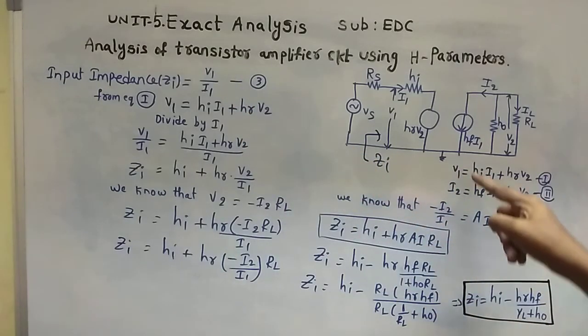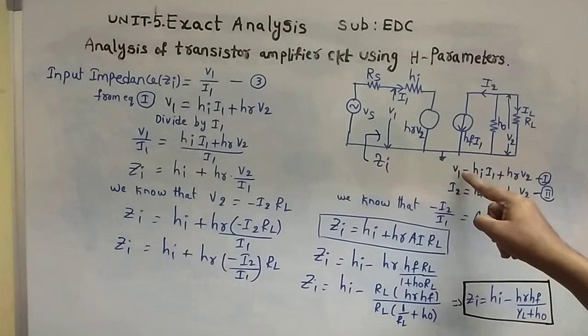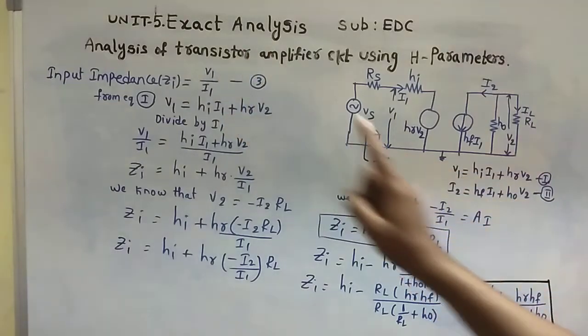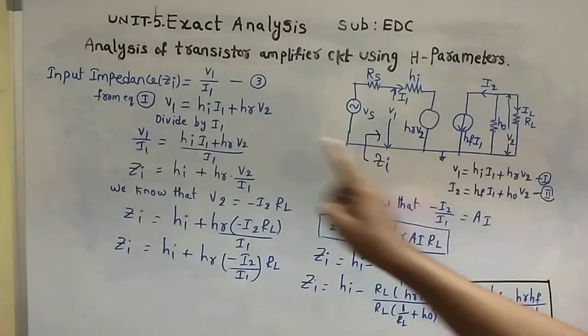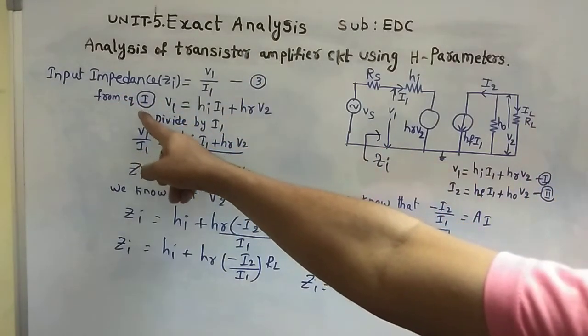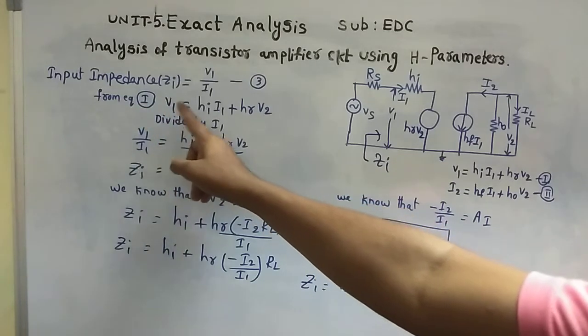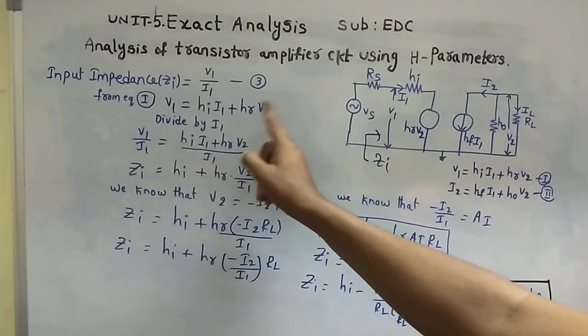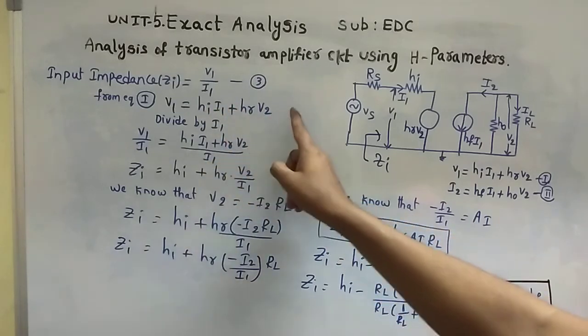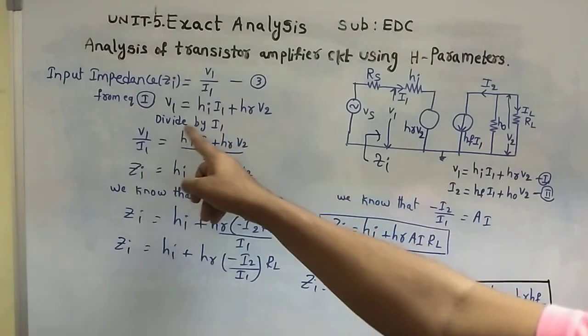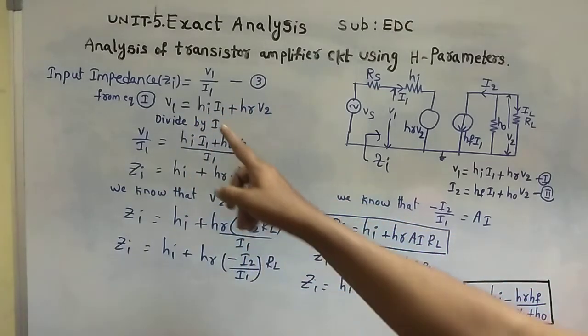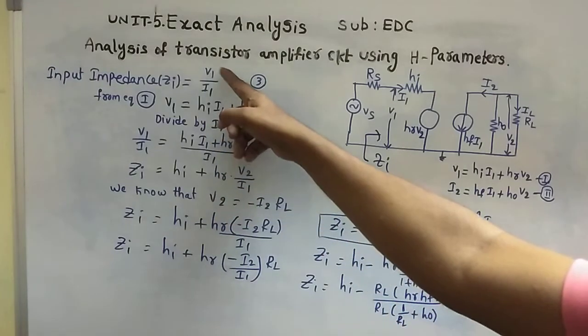That is why I am taking the V1 equation, which is H parameter equation 1: V1 is equal to Hi I1 plus HR into V2. I am taking this equation and dividing both sides by I1. Why? Because I want V1 by I1.